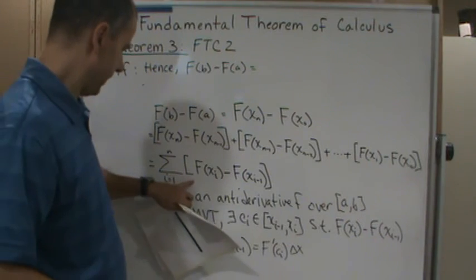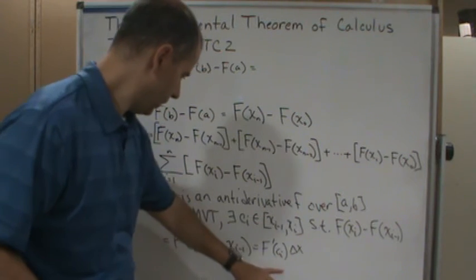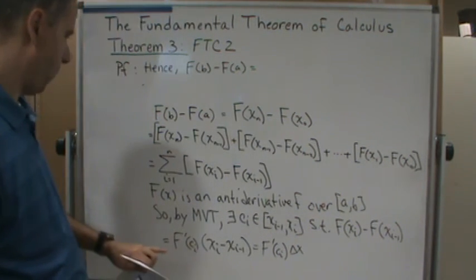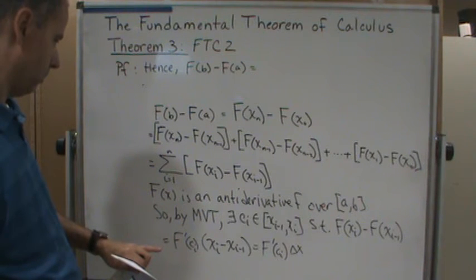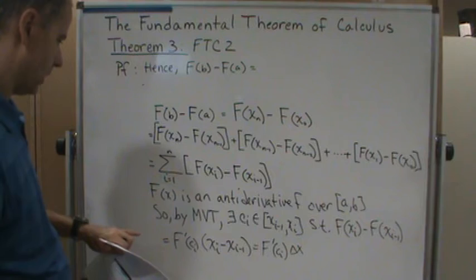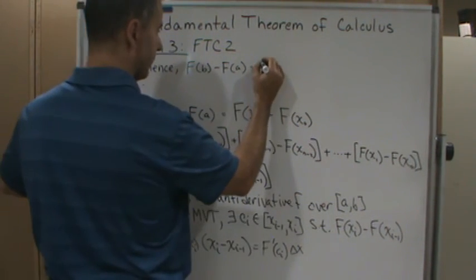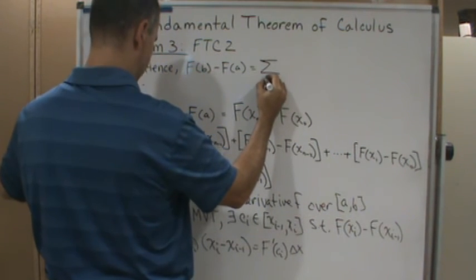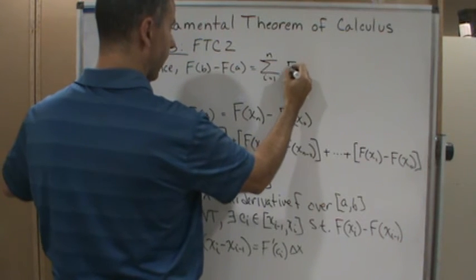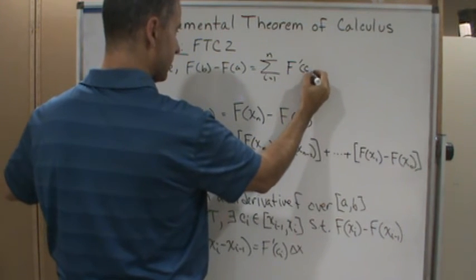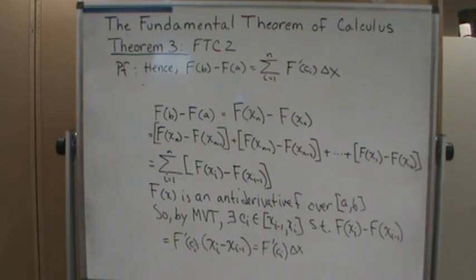Well, it's going to equal this, but now each one of these is equal to this. Right? So I believe I could just write this as the summation as i equals 1 to n of F prime of c sub i delta x, just by substitution.